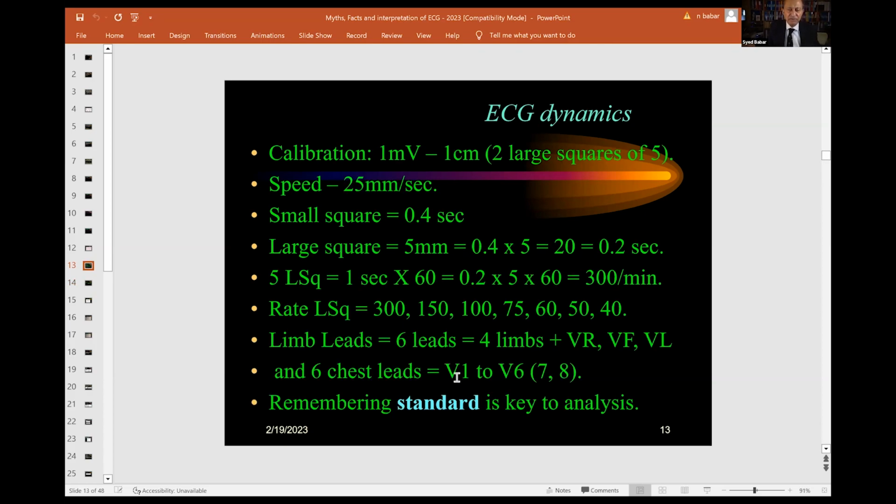V1 to V6 is the standard lead of the chest wall. If additional study is to be made of the posterior surface of the heart, particularly relating to circumflex artery ischemia, then leads 7 and 8 are also used.